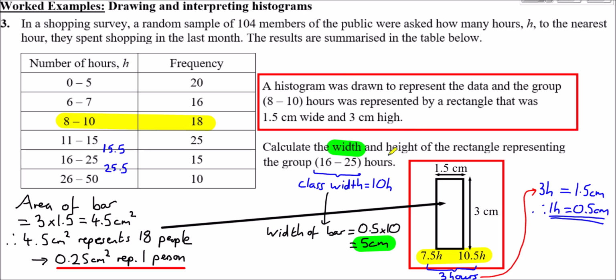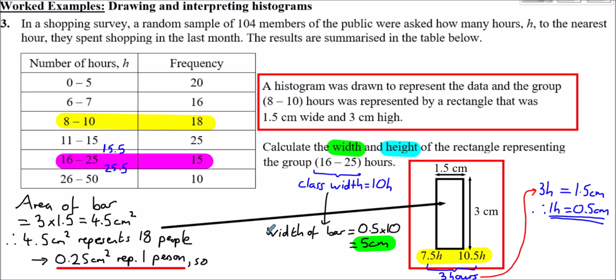So what's the height of a rectangle going to be? Well, we know the width is 5. We need to know how much area it needs to be represented by. So from 16 to 25, that's 15 customers, that's 15 people. So going back to this part here, if 0.25 centimetres squared represents one person, if we multiply by 15, that'll find us the area we need to represent these 15 people.